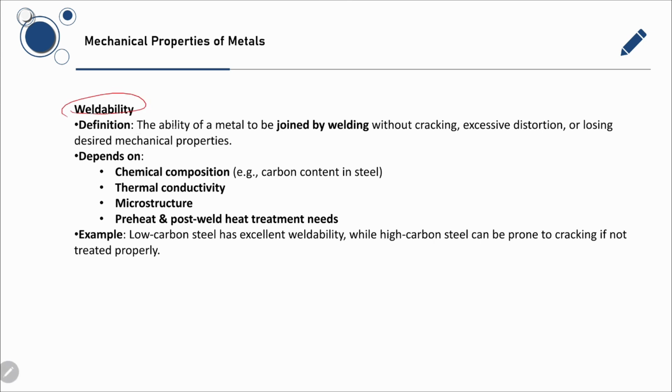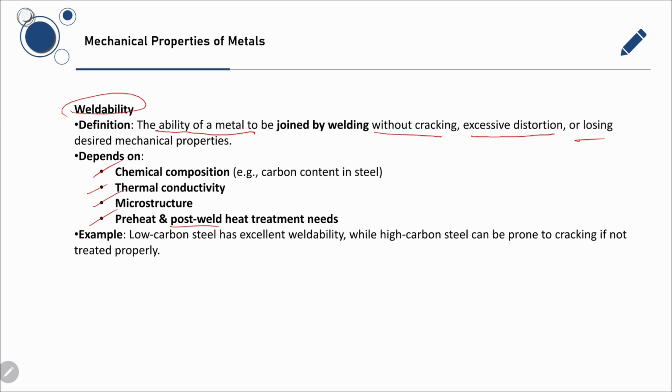Weldability is how readily a metal can be welded without cracking, excessive distortion or losing its desired mechanical properties. It depends on chemical composition, thermal conductivity, microstructure, and the need for preheat and post-weld heat treatment.